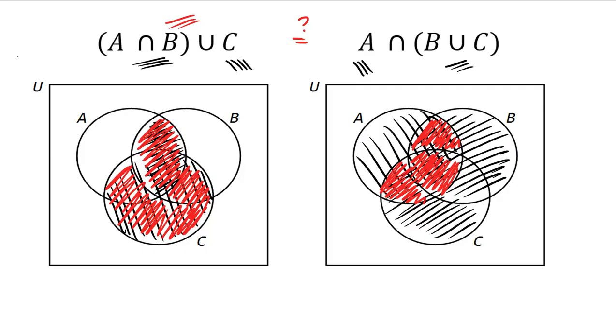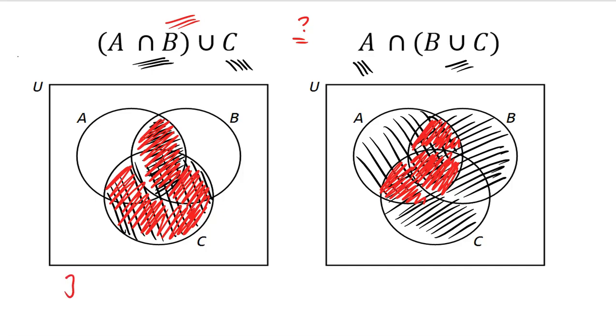Now, getting back to the question, are these equal? The picture would seem to suggest they are not. What we would need to do to actually prove they're not equal is come up with a counterexample.